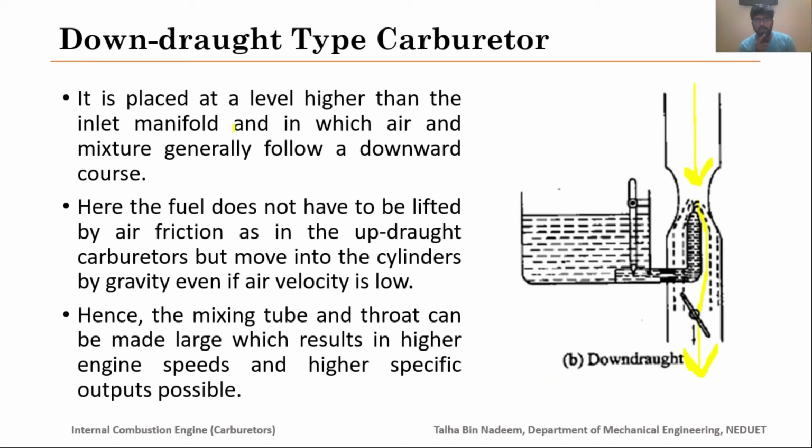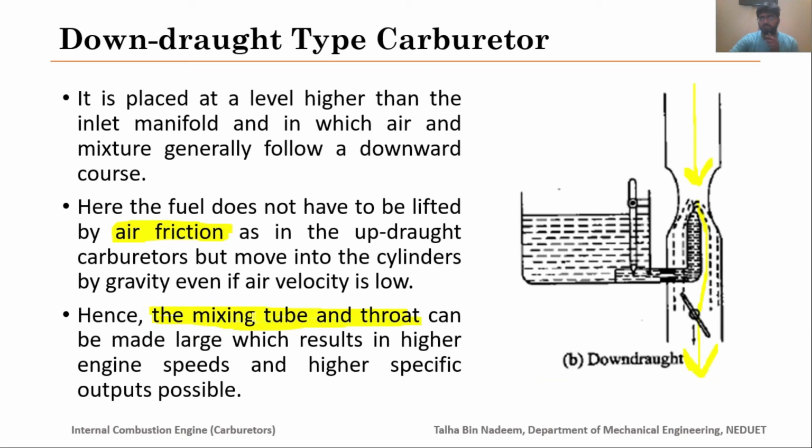It is placed at a higher level than the intake manifold, and the air and mixture generally flow in a downward course. Here the fuel does not have to be lifted by air friction, because the fuel travels due to gravity, as opposed to the updraft carburetor, and moves into the cylinder by gravity even if air velocity is low. Hence the mixing tube and throat size can be made larger, resulting in higher engine speeds and higher specific outputs as well.